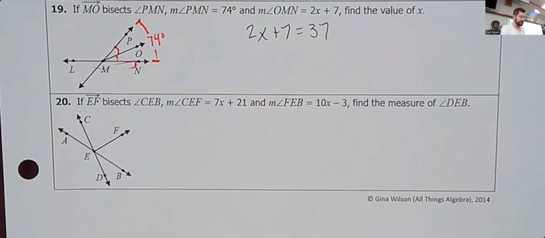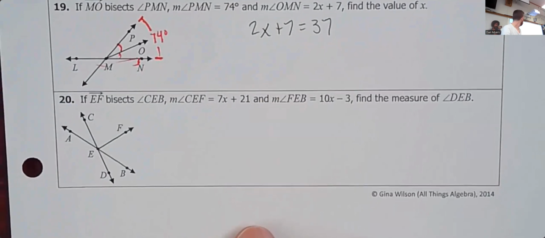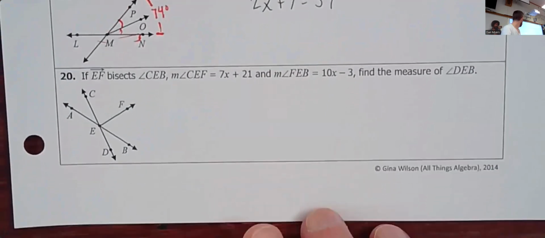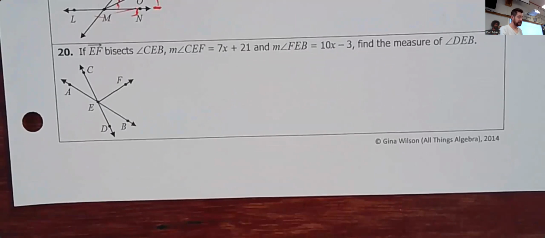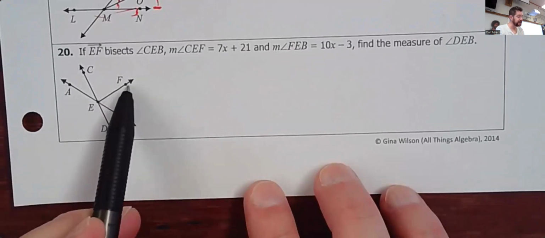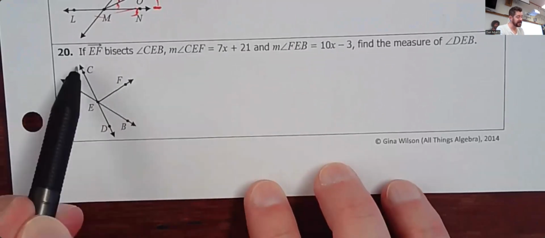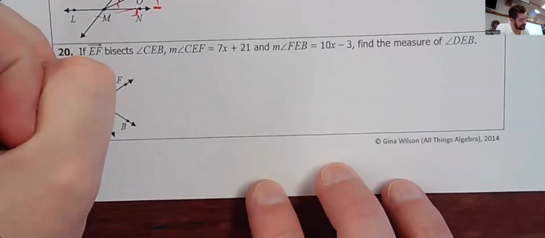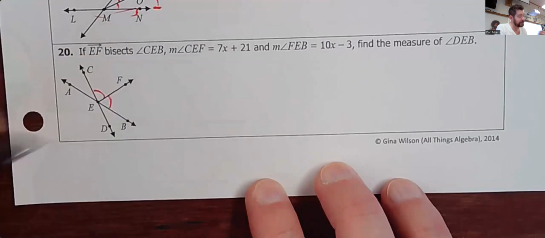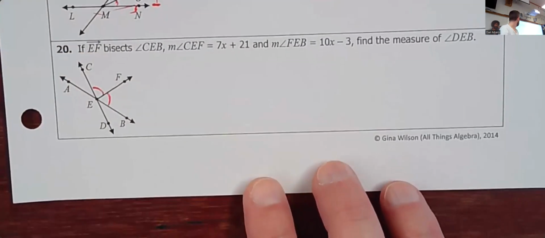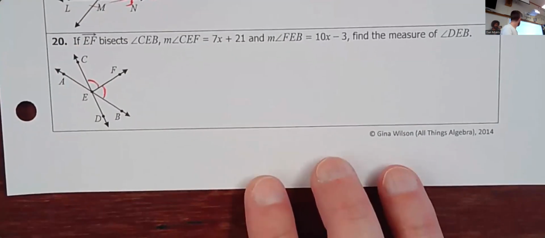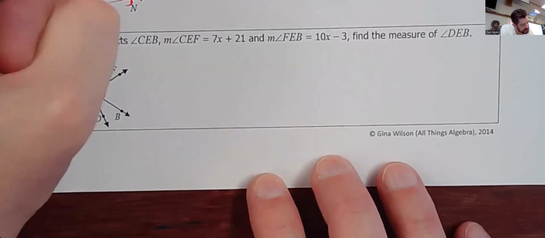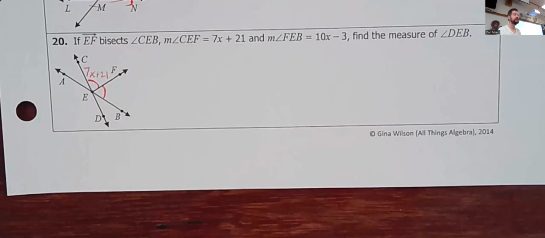All right, then the last one, number 20, says that if ray EF, which is here, bisects angle CEB, so that's that obtuse angle, meaning that this angle here would be congruent to this one here. It also says that angle CEF is 7x plus 21. So I'm going to put 7x plus 21 inside of CEF.